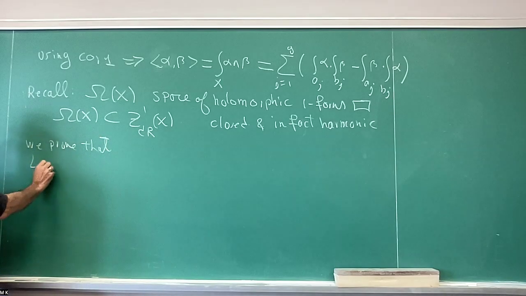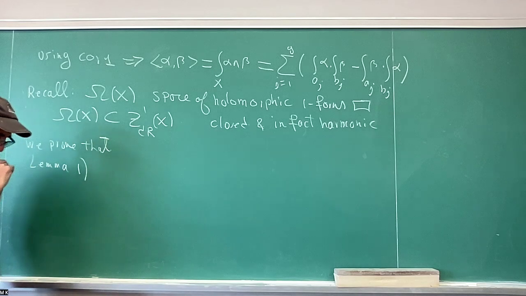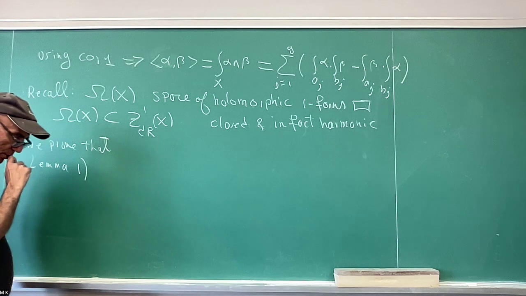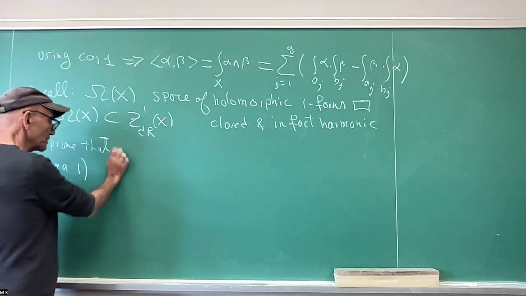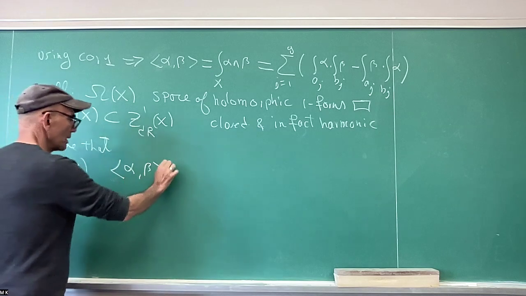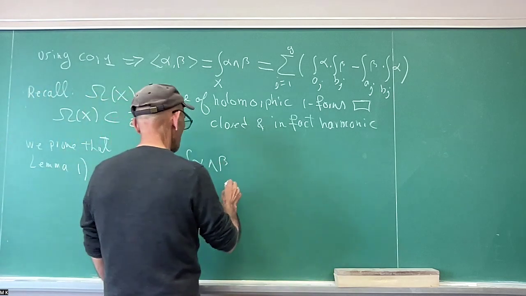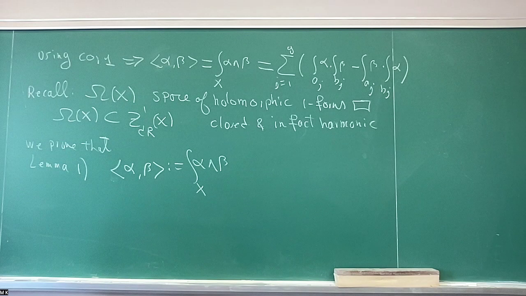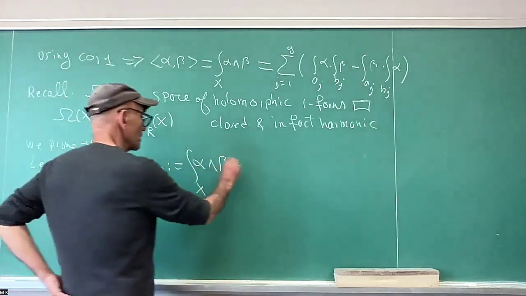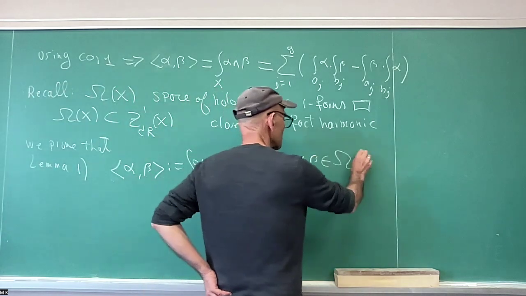this lemma we proved actually. One was that, basically, something really drastic: the pairing of alpha and beta, which is by definition the integral of alpha wedge beta over x, is equal to 0 for all alpha and beta belonging to omega of x.